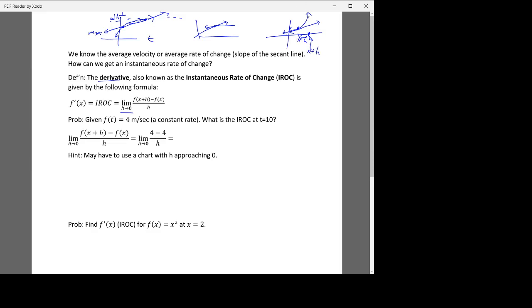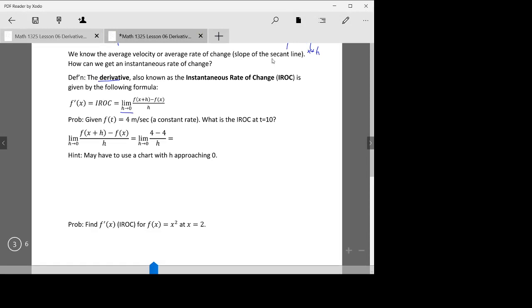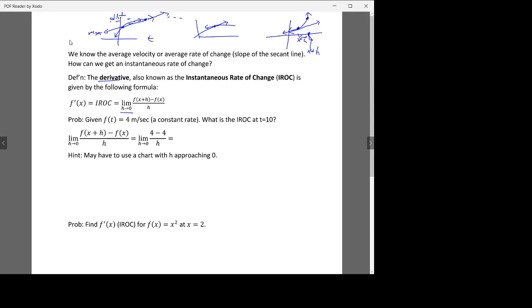And then this value up here, this guy up here, we say, oh, this is x plus h, comma, f of x plus h. So the x value there is x plus h, and the y value is you plug in that x plus h. And then the same thing here, this point is x, comma, f of x.